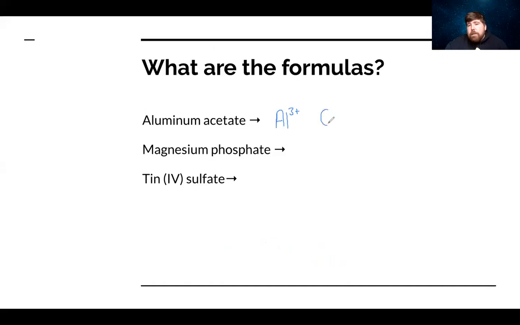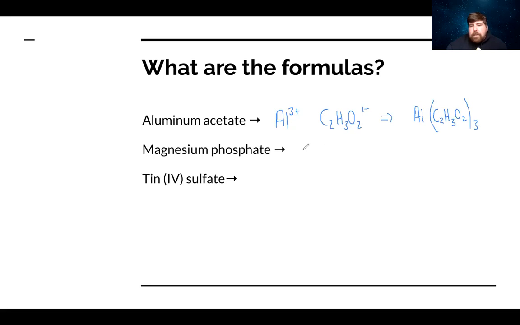Acetate, being one of the polyatomic ions you have memorized, is C2H3O2 1-. That means that when this forms a compound, we need 1 aluminum for every 3 acetates, and acetate is C2H3O2, and there are going to be 3 of these, so we represent this with the parentheses and a 3.